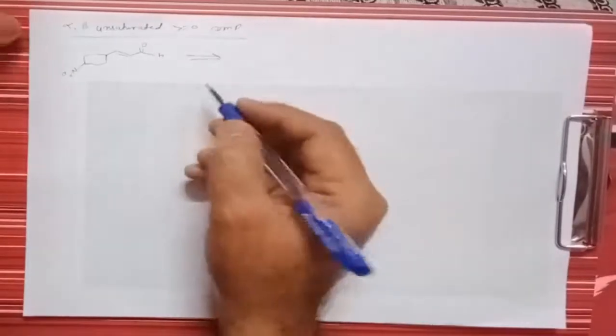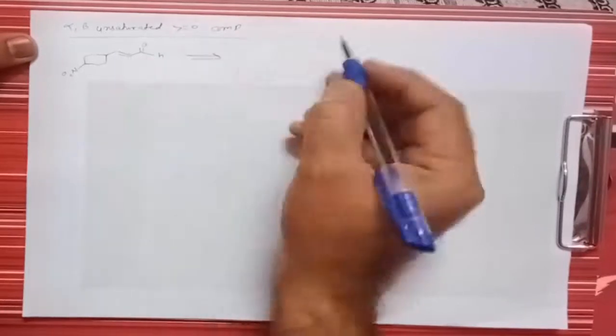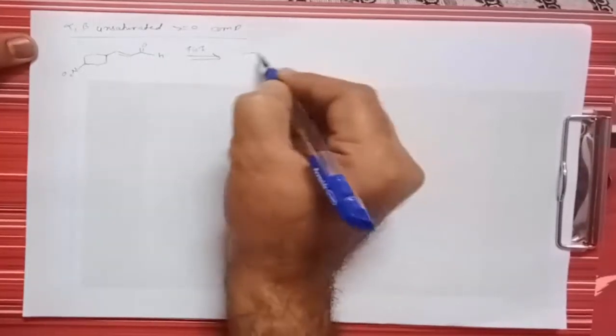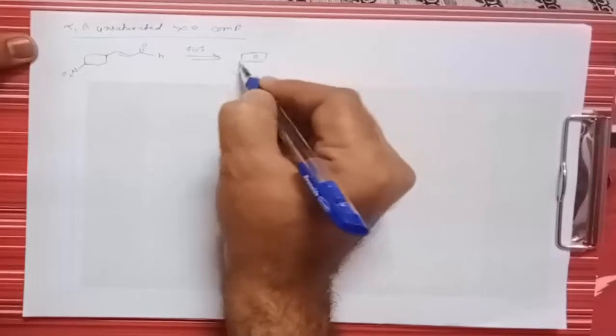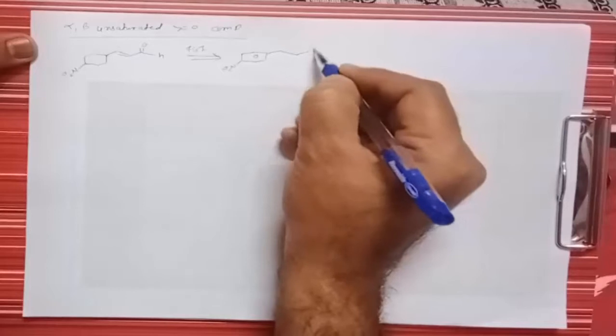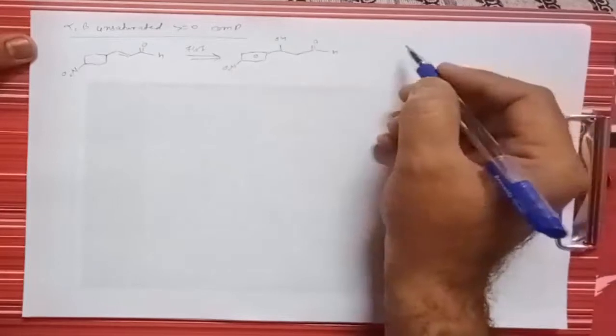We know that if there is such a type of alpha beta unsaturated carbonyl compound, then we can add water here, so that after elimination it gives the enal. That means we can go for functional group interconversion, and in functional group interconversion we can add an OH group at the beta position, so that it gives a beta hydroxy carbonyl compound, right?